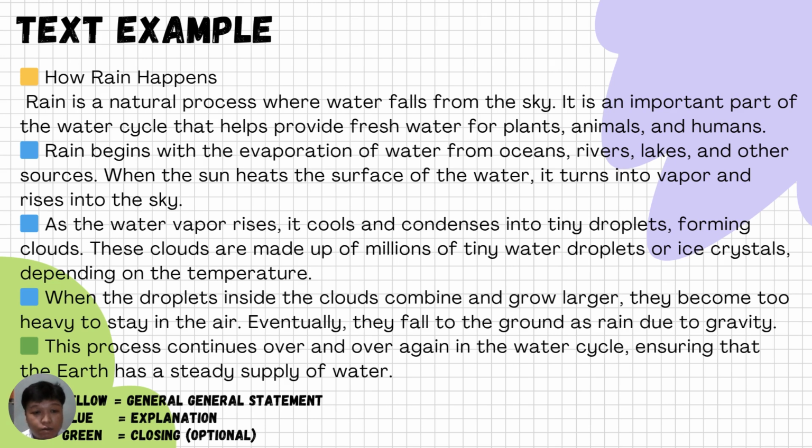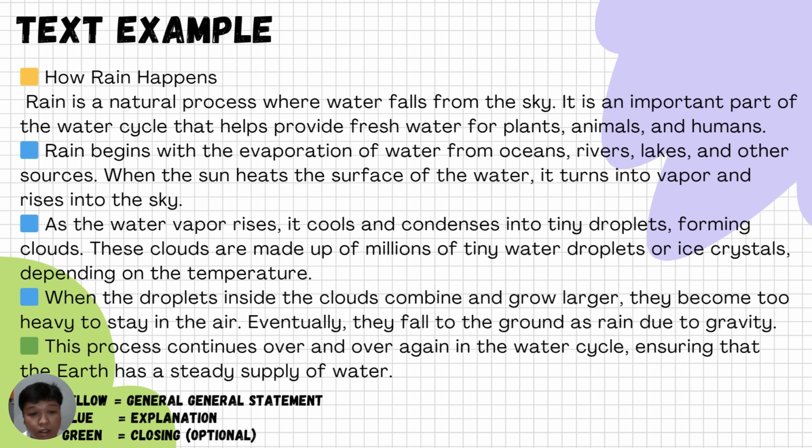Okay, so the explanation from that text is the one that is marked with the color blue. As you guys can see, there are three paragraphs or sentences that are marked with the color blue. So these three paragraphs are the explanation part for this text.